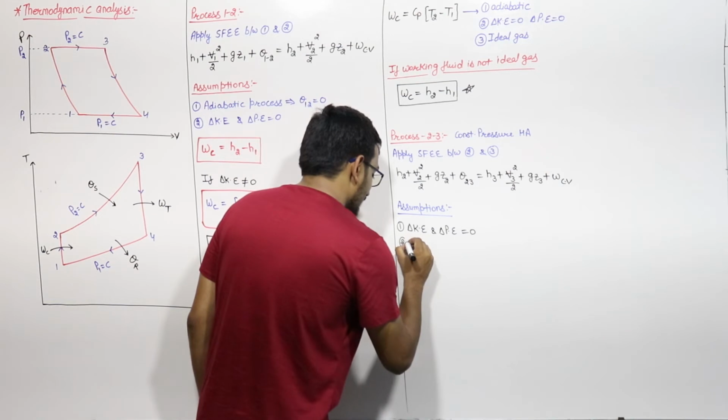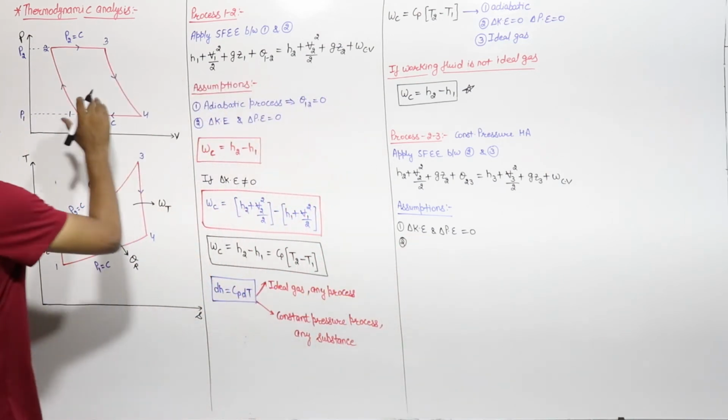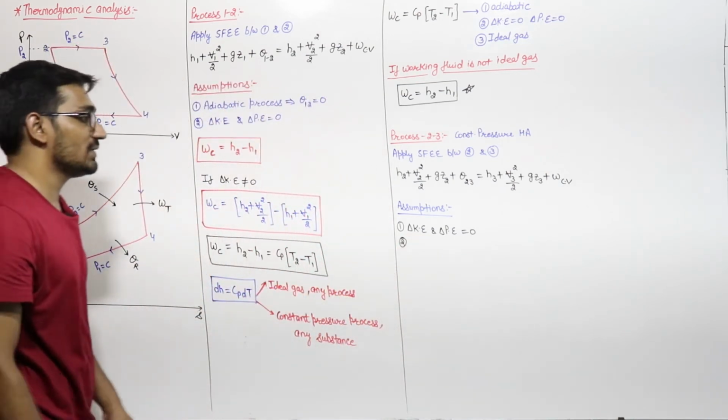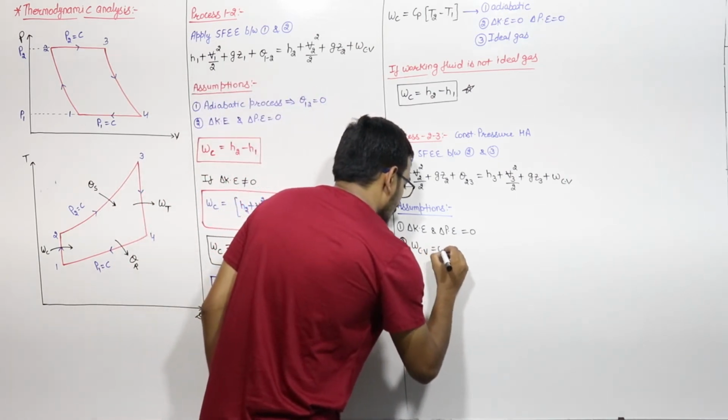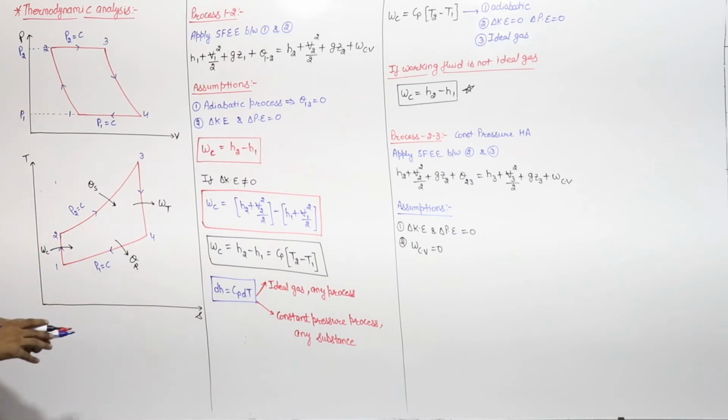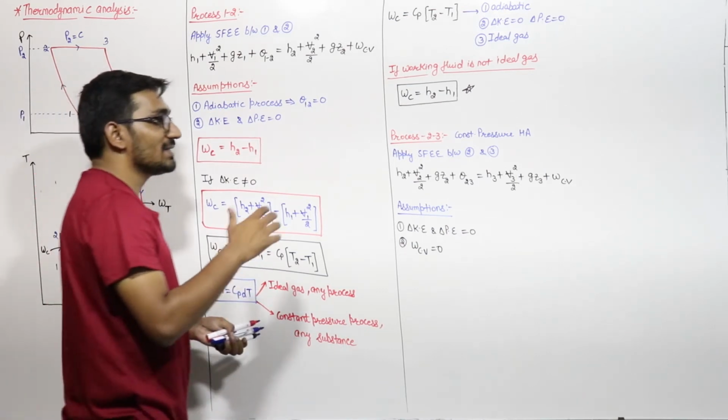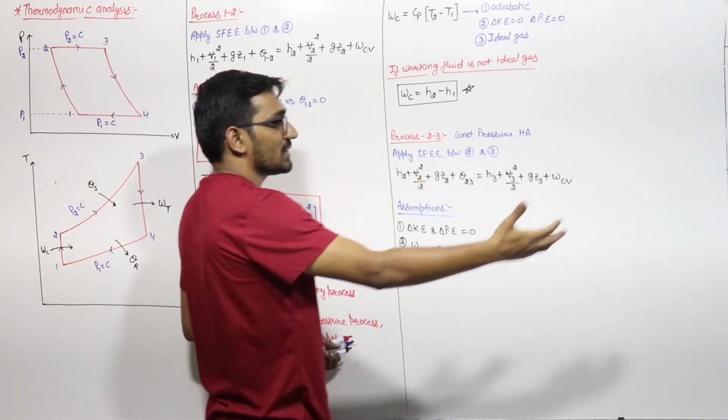And second assumption is that this device is only a heat exchanger. So work done by the control volume will be zero. Now this is the heat supply to the system. Heat given to the system is positive.